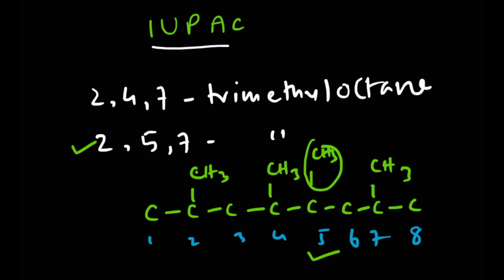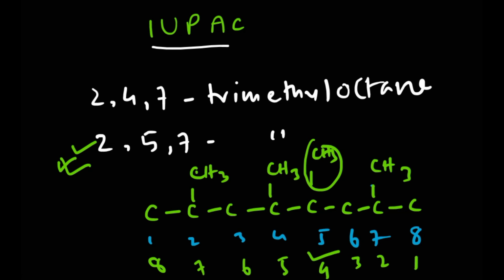So here we start from this side, 1 2 3 4 5 6 7 8, and then 2,5,7-trimethyloctane is not correct, because this carbon should be given the lowest number.